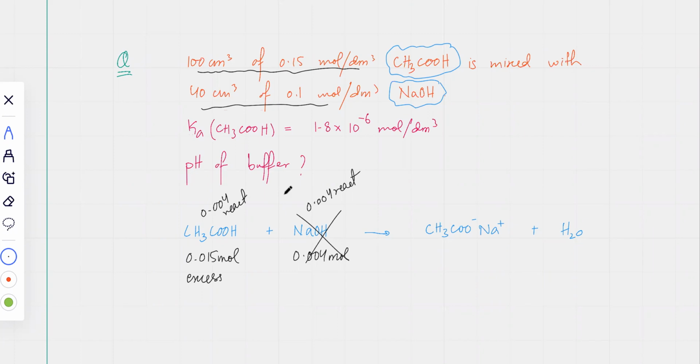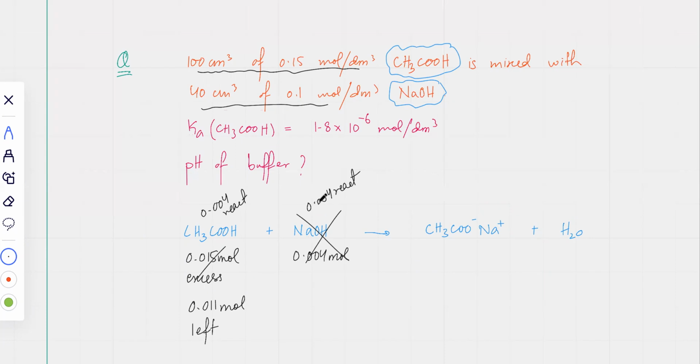So you started off with 0.015, and 0.004 have reacted. So what are you left with? These moles are gone. You're left with 0.011 moles, I think. Yes. So they would be left at the end of the reaction.